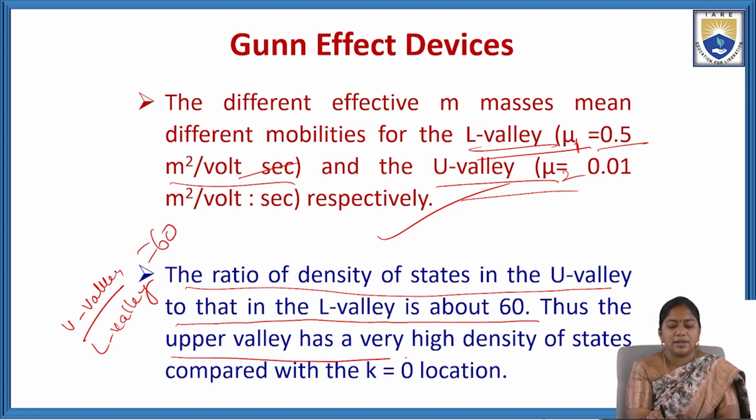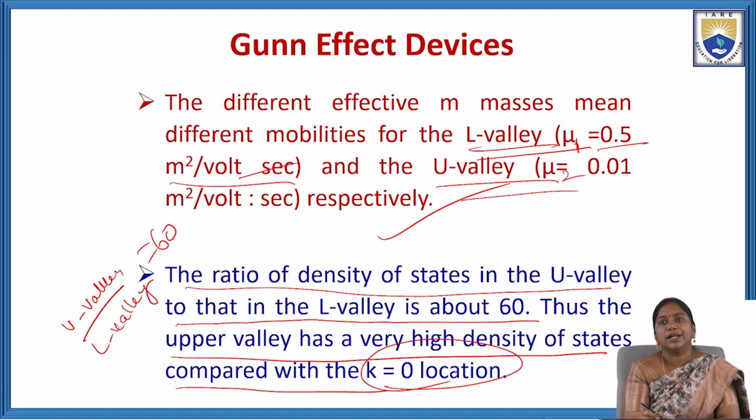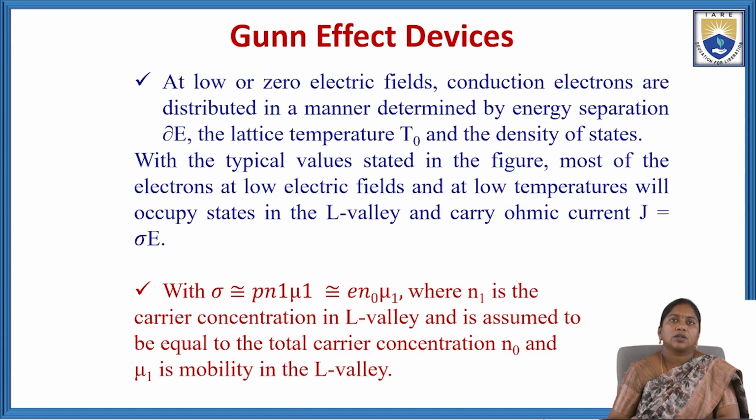Thus the upper valley has a very high density of states compared with the lower valley at the k equal to 0 location.